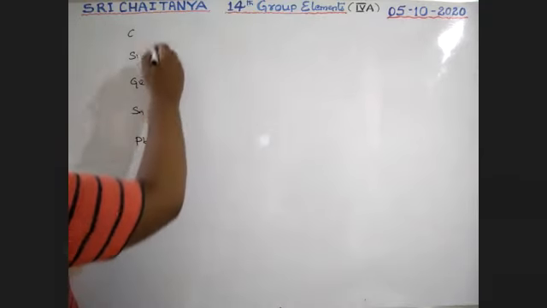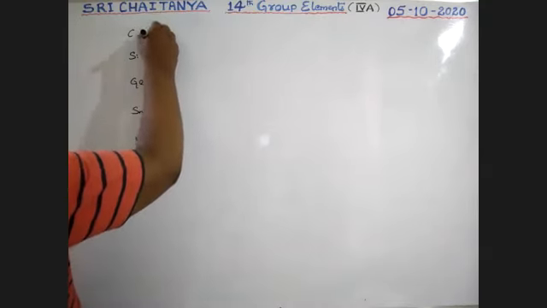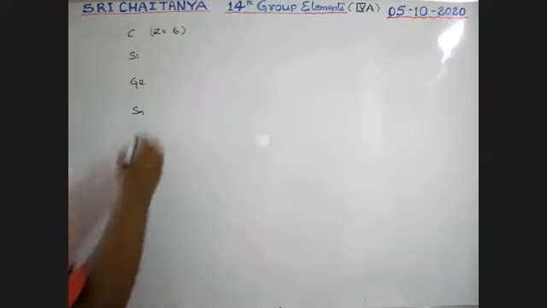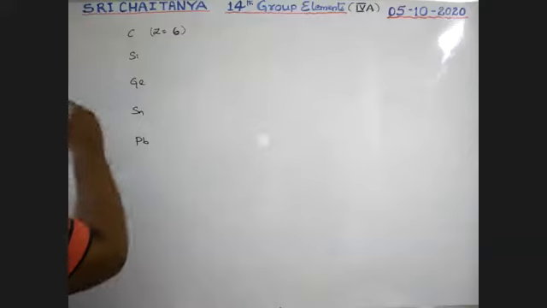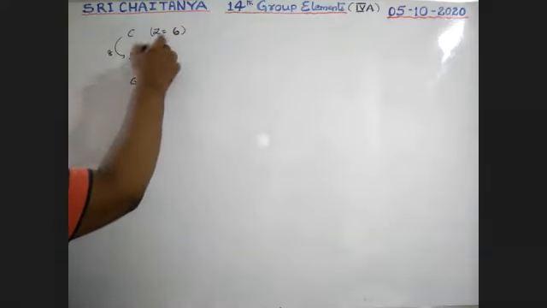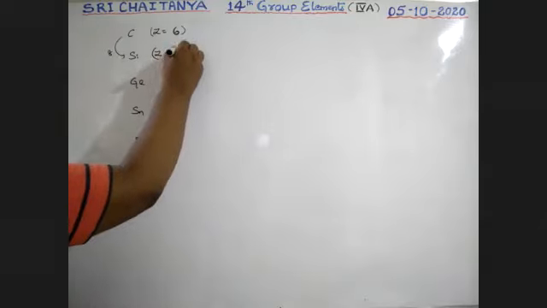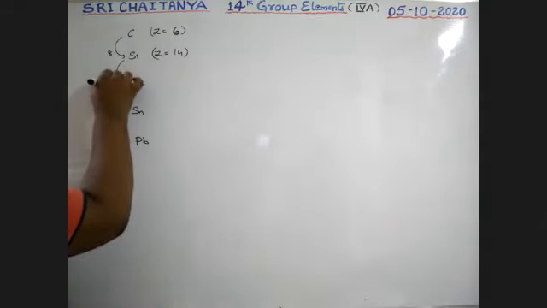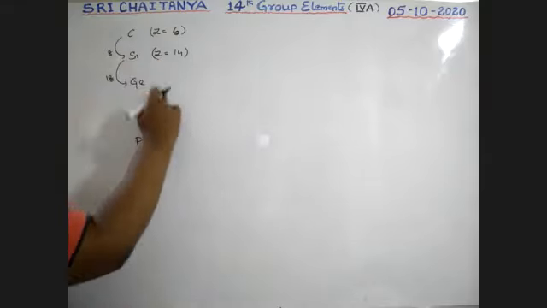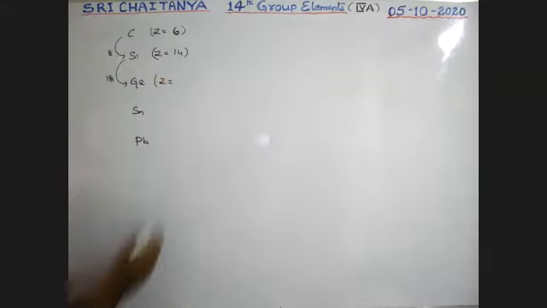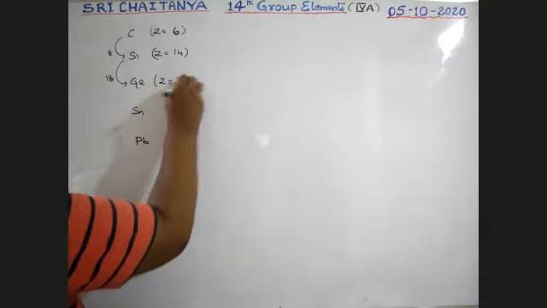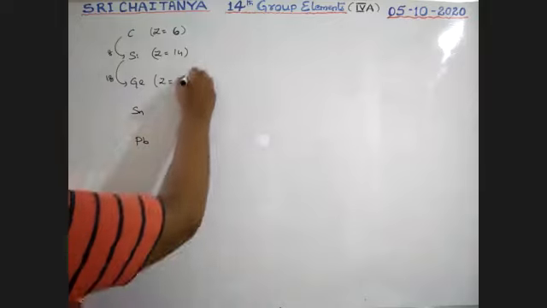Next, what are the atomic numbers? The atomic number Z for carbon is 6. Next, add 8, so Z is equal to 6 plus 8, 14. Add 18, that is 14 plus 18, 32.